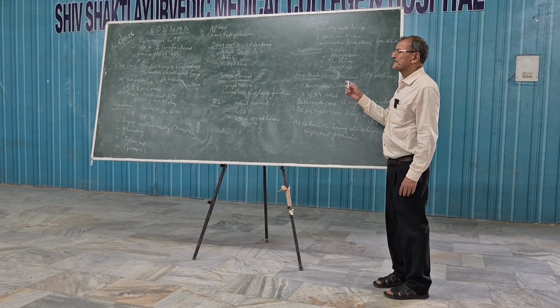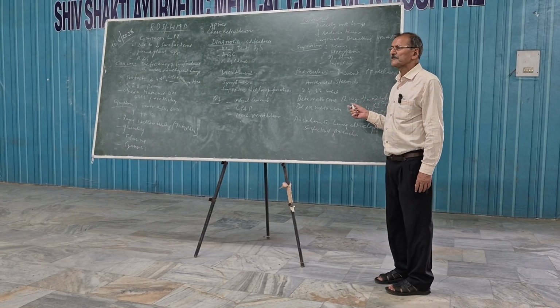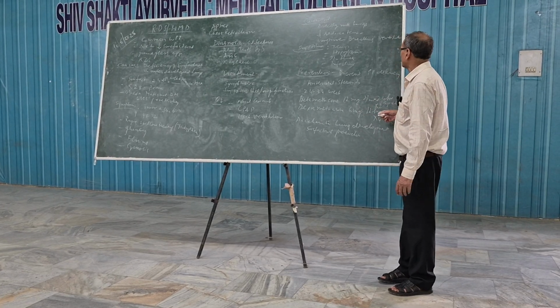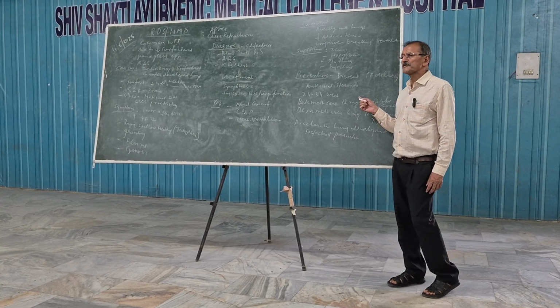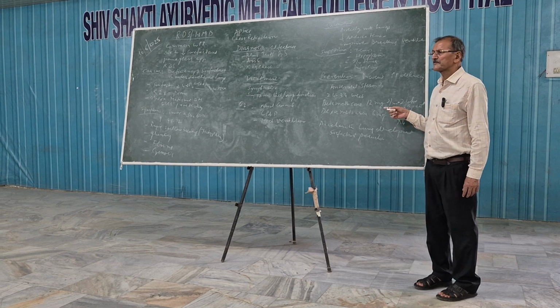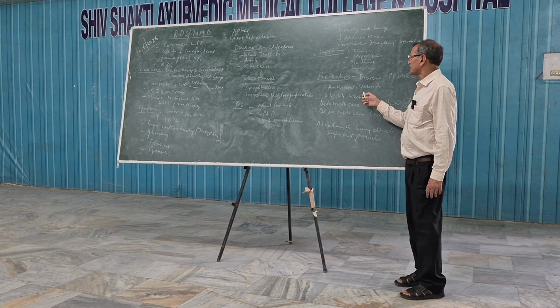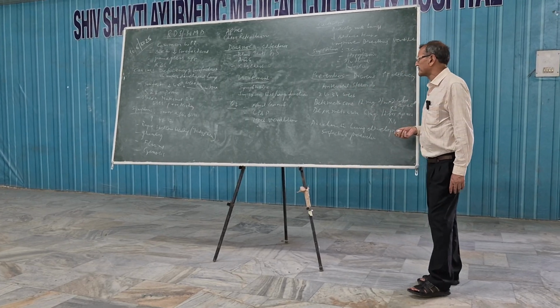Now, can this be prevented? Definitely, this is a very important question, and it will always be asked how to prevent it. So first is you must try all measures that preterm delivery doesn't take place, and if it is not possible, then you must give the antenatal steroid.